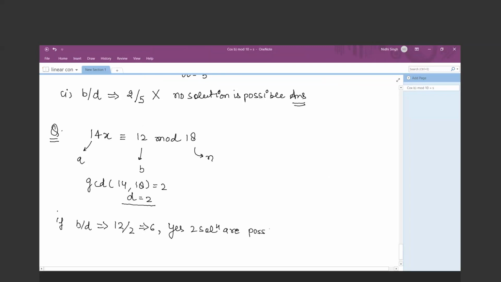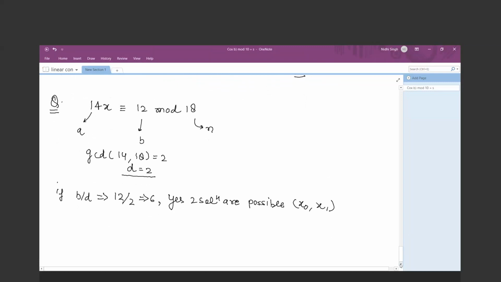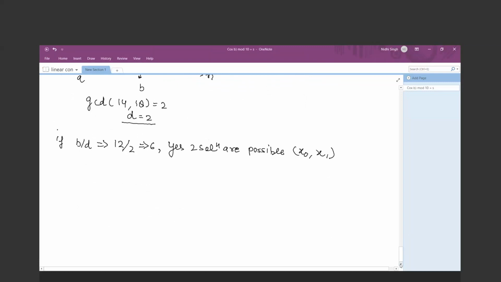And what are the 2 solutions? The first one will be x0 and the second one will be x1. How to find out the value of x0 and x1? That we have to learn by following the steps. What was step number 1? Step number 1 was you have to reduce the equation. Okay? What was your equation? Equation was 14x congruent 12 mod 18.